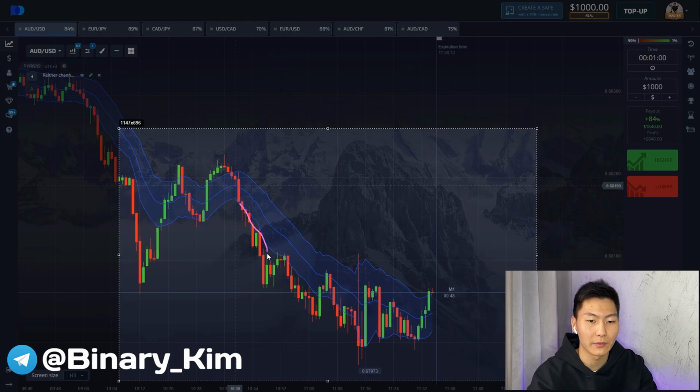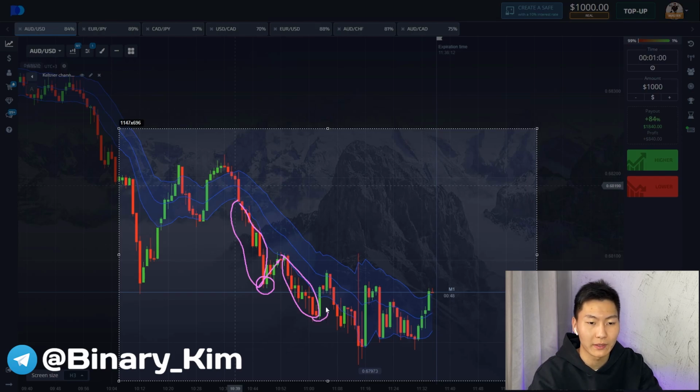When there is a downward dynamics, we see the price broke the channel downwards. It's no longer inside the channel. We also see the touch of the support zone here. And basically we see such breakdowns, and we should open a long position right here.